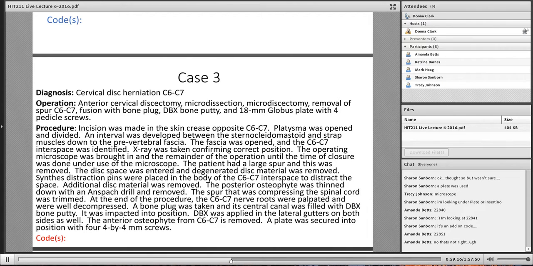So what you should have is an anterior instrumentation. That's 22845. Anterior instrumentation, 2 to 3 vertebral segments. And how do we know it's anterior instrumentation?